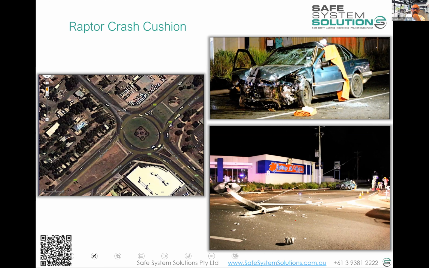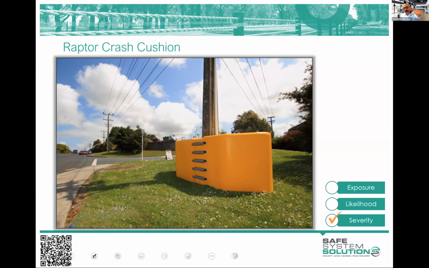But nonetheless, the crash occurred, hit the power pole. The power pole just happened to have a Raptor on it, which is a cushioning device, which also is meant to rotate a bit on impact, and so the energy is pushed along a bit.